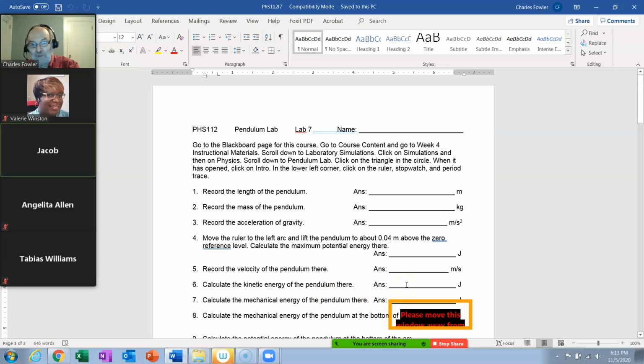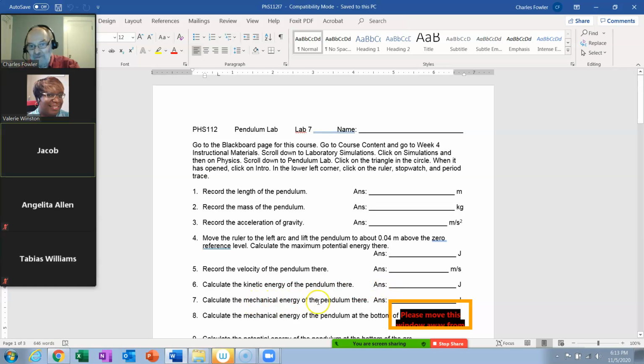Kinetic energy is 1/2 mv squared. And if v is 0, v squared is 0, 1/2 mv squared is 0. Right? Yay or nay? Okay. Kinetic energy is 0.